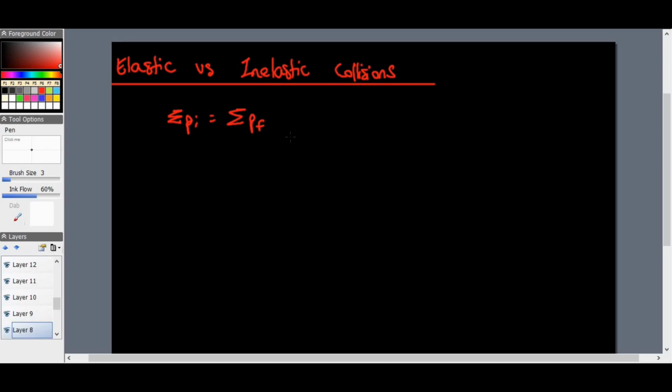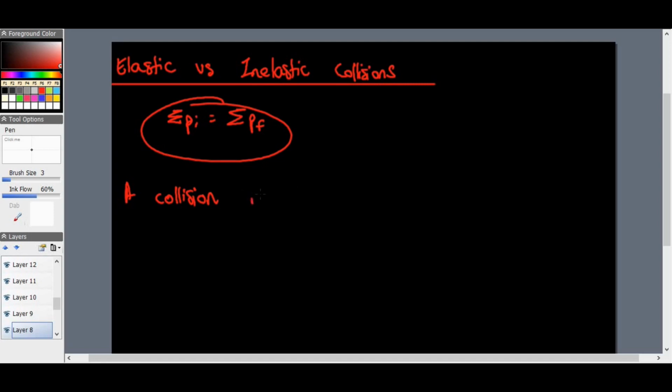Which means total momentum before must equal total momentum after. Now when we come to elastic versus inelastic collisions, let's circle that for a moment. The definition is a bit of revision, because the last time we did this was in term 1, at the beginning of this year, and we're already at the end of the year. Time is moving by so fast.